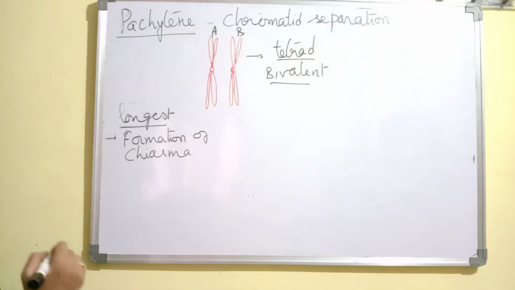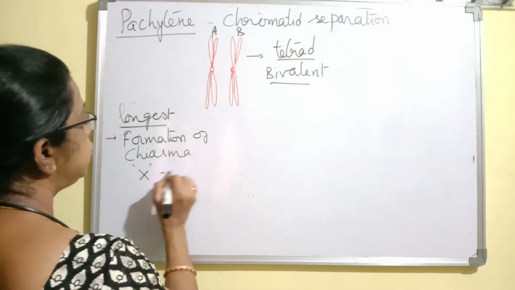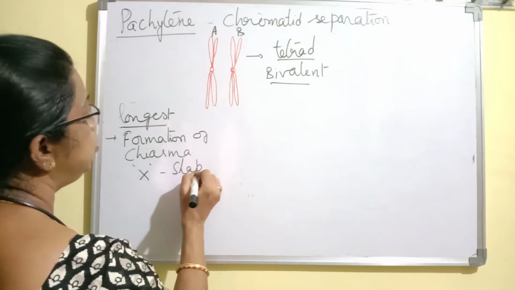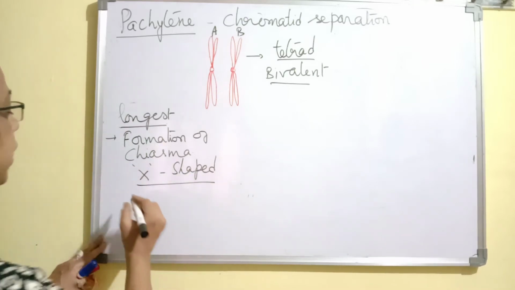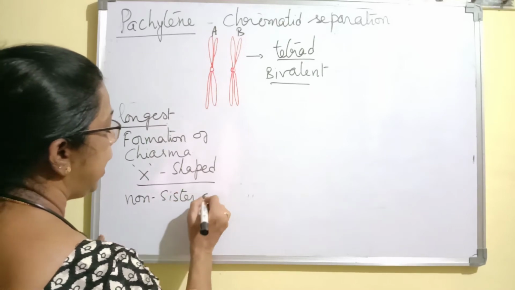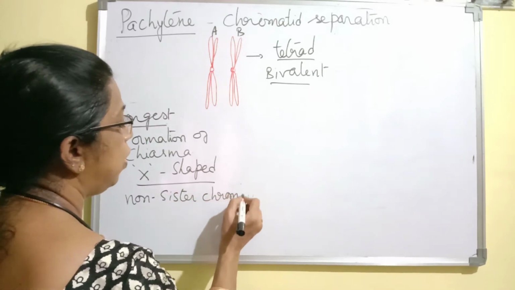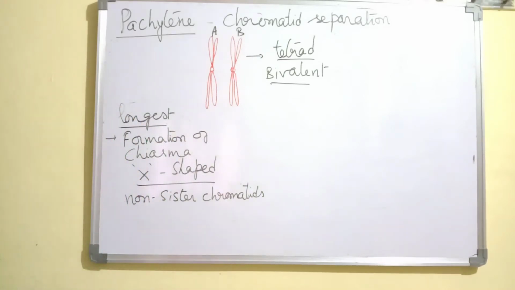Chiasma means X-shaped structures which are formed between the two non-sister chromatids.